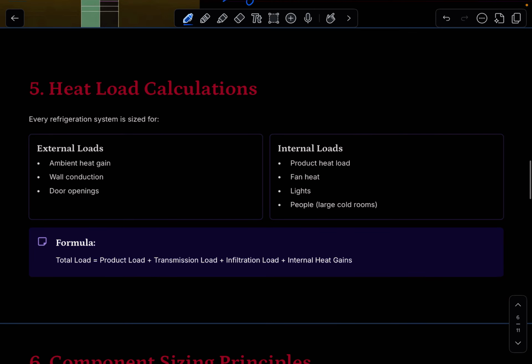The third important part which we are going to cover in the design lectures is the heat load calculations, also called cooling load calculations. So basically, we would be focusing on what the loads are, or how much heat is being added to the system, and by what method this heat is being added, so that if we can correctly calculate how much heat is being added in the refrigeration system, we can remove it.